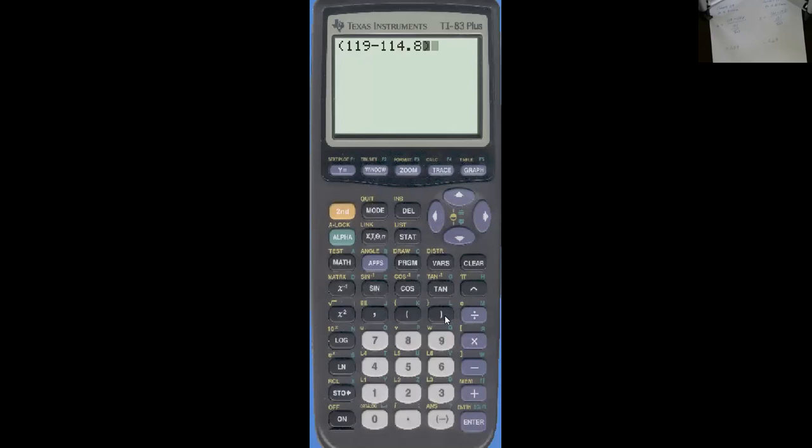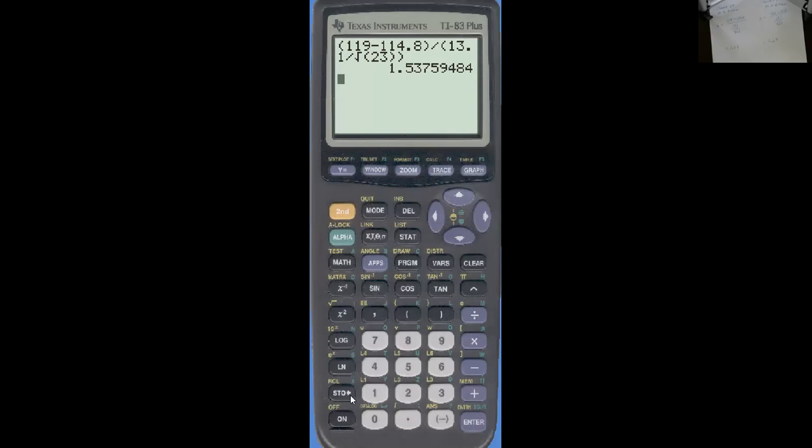I close off the numerator, divided by, open a parenthesis for the denominator, 13.1 divided by the square root of 23. I close off my square root, close off my denominator, and I have my 1.53.